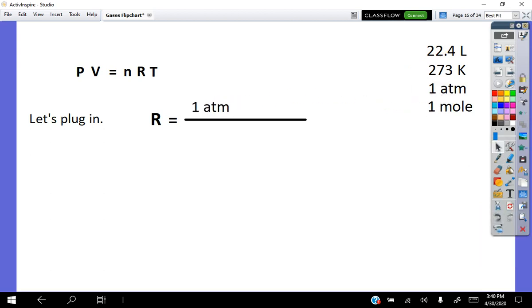So we had P times V over n times T. Now we are going to multiply those things together. When we solve the equation this way, we need to pay attention to order of operations. So we're going to multiply the two things on top, multiply the two things together on the bottom, and then we'll divide top by the bottom.